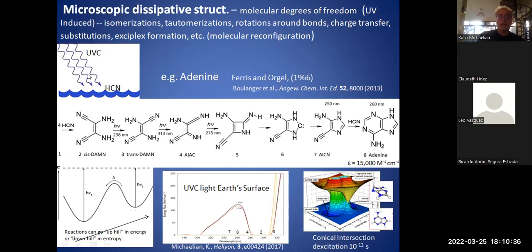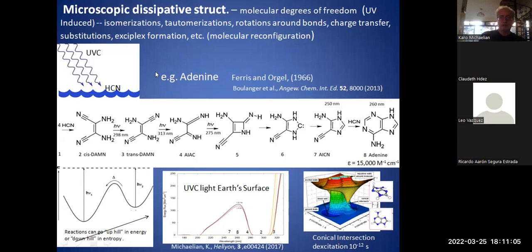UV light gives us access to these new degrees of freedom. And these are, for example, for molecules, the isomerizations, tautomerizations, rotations around double bonds or single bonds, charge transfer, substitutions, exciplex formation, and whatever molecular reconfiguration of the system, which we can do with ultraviolet light, they are considered microscopic degrees of freedom.